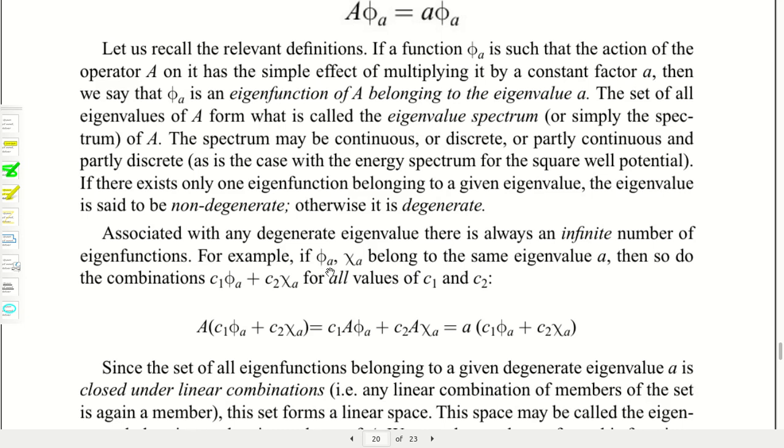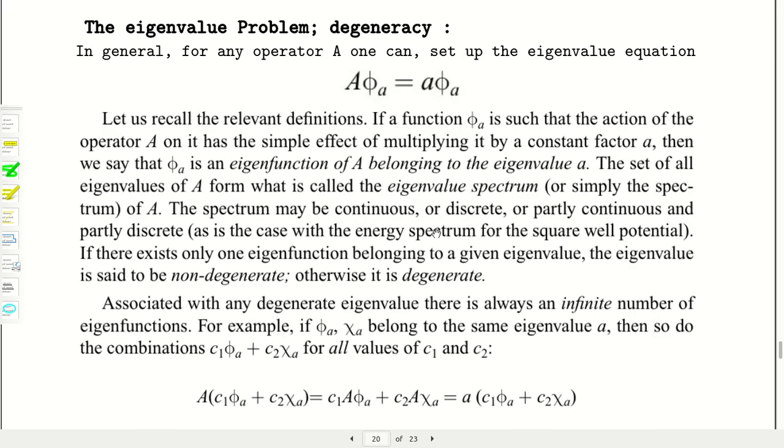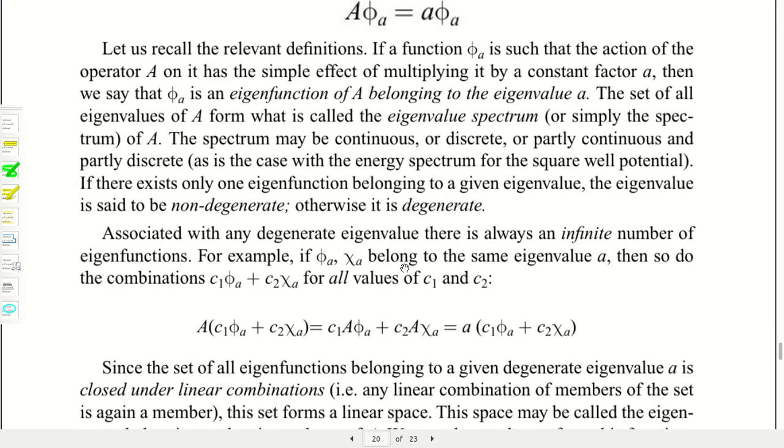Suppose phi A and chi A are two eigenfunctions on which the A operator operates to give you the same eigenvalue, that is small a. So the linear combination of those two eigenfunctions will also be a new eigenfunction. We can prove it. Say C1 phi A plus C2 chi A, where C1, C2 are constants. Let us operate the A operator on this function.